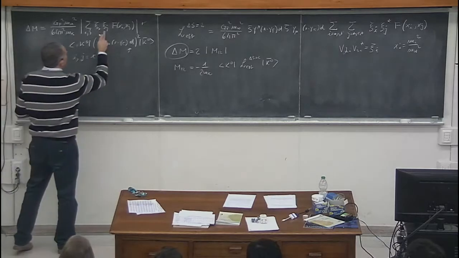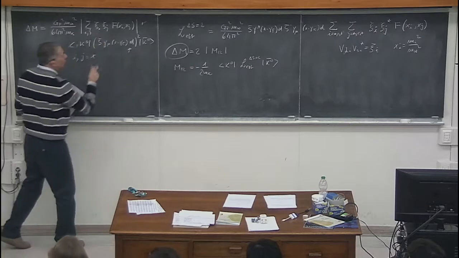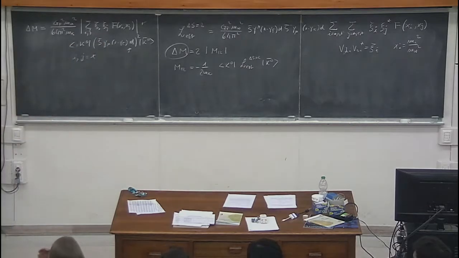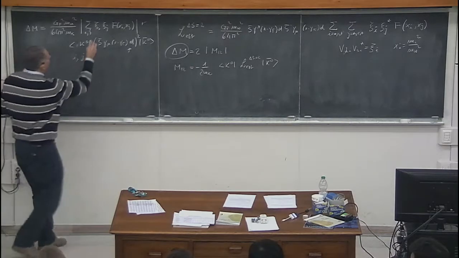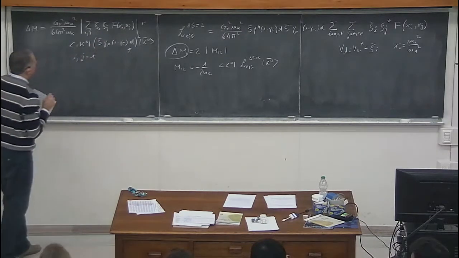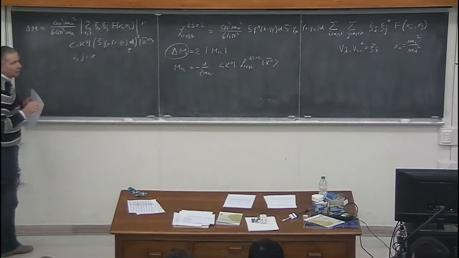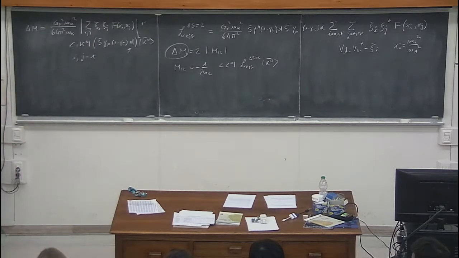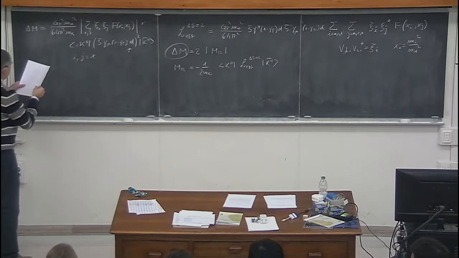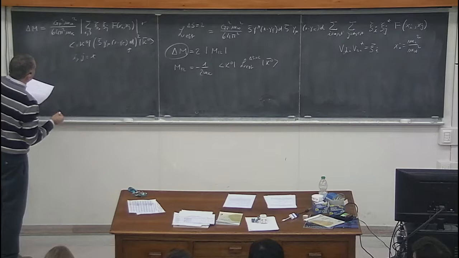So you can forget about the top quark here. These sums go from 1 to 3, from up, charm, and top, but you can forget about the top contributions.